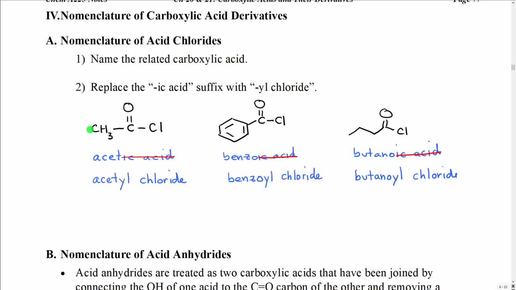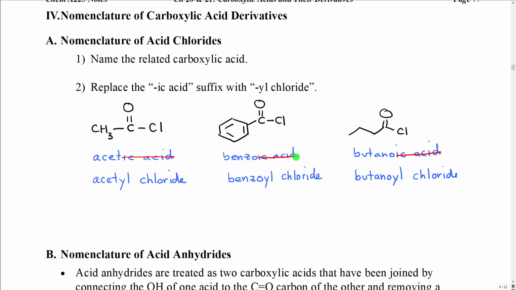So for example, this acid chloride would be derived from acetic acid. So we would name it acetic acid, we would cross out the "ic acid," and then instead of "ic," we would place "yl," and then we put a space, and then put the word chloride. So acetic acid becomes acetyl chloride. People argue over how to pronounce that all the time.